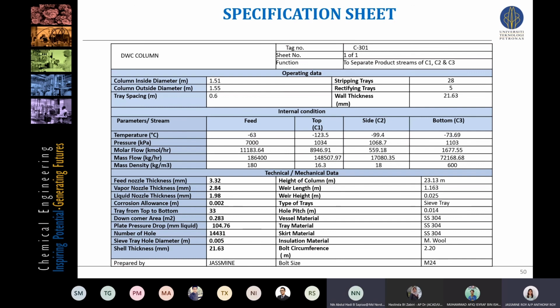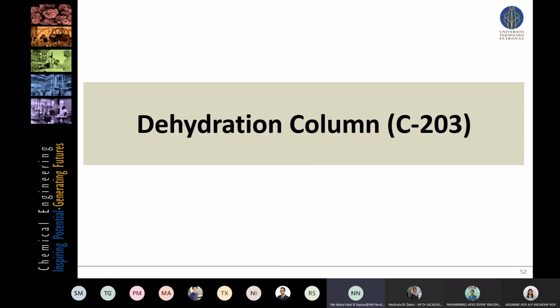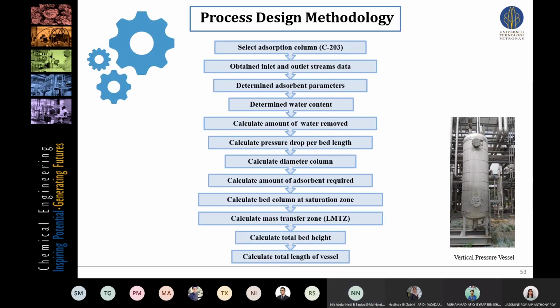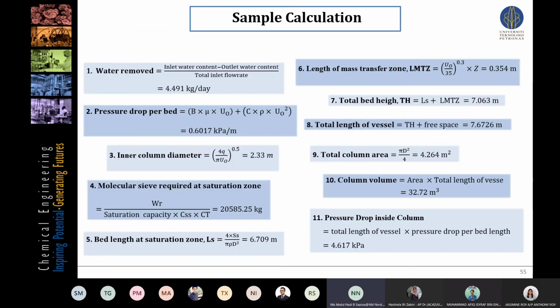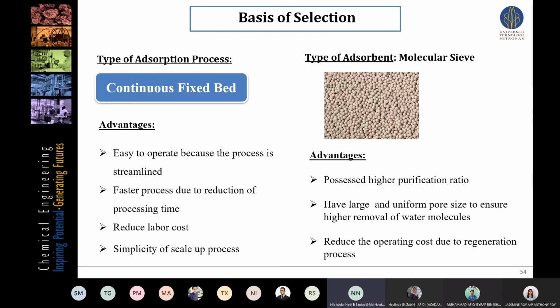But let's go to the last one, the dehydration unit, slide 54. Slide 54 just tells me the volume of your bed. My volume is 30 meter cube. Volume of what?